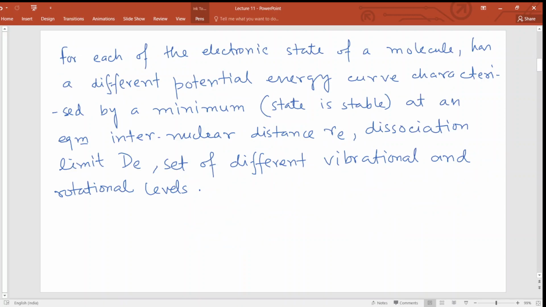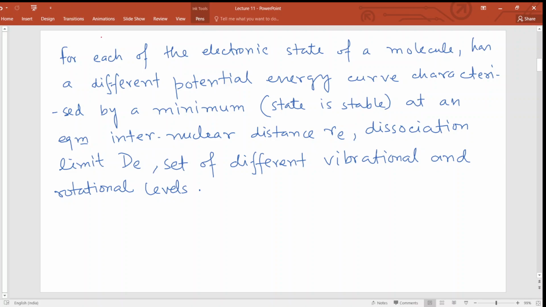Now, each electronic state of a molecule has a different potential energy curve, characterized by a minimum, which means that the state is stable, at an equilibrium internuclear distance Re, a dissociation limit D_e, and a set of different vibrational and rotational levels. Let us look at what we are saying here.